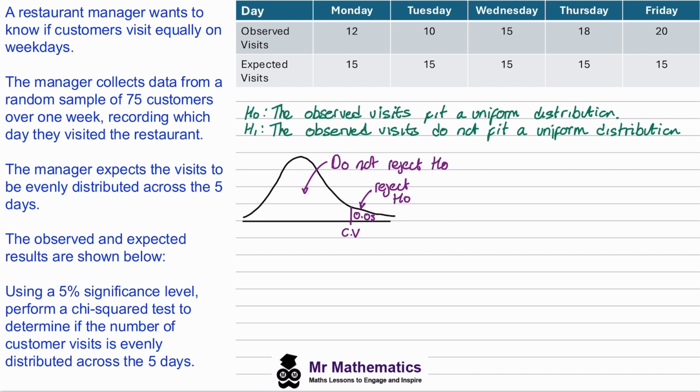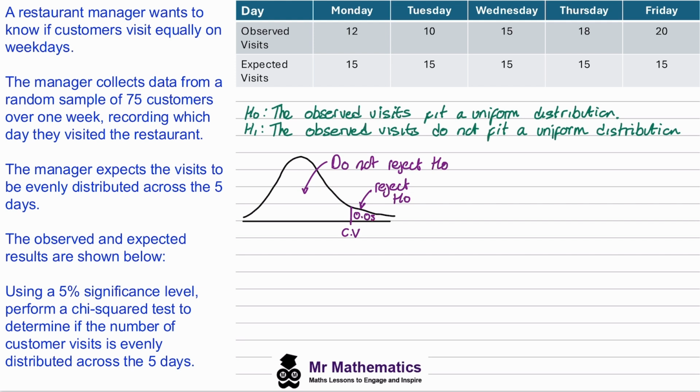So the first thing we need to do is find the critical value within the context of this data. And to do this, we need to work out the degrees of freedom. Once we've got the critical value, we need to find the test statistic and compare its position to the critical value. If it's to the left, we won't reject H0, and if it's to the right, we will reject H0.